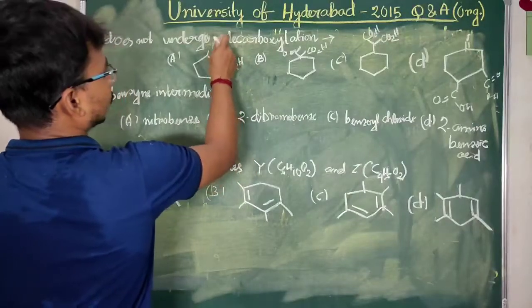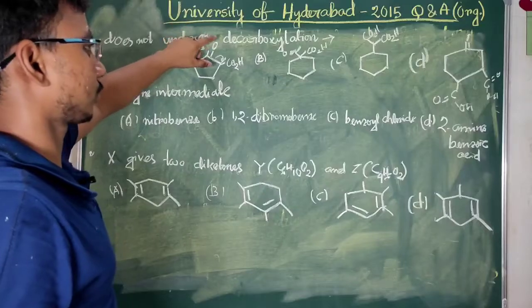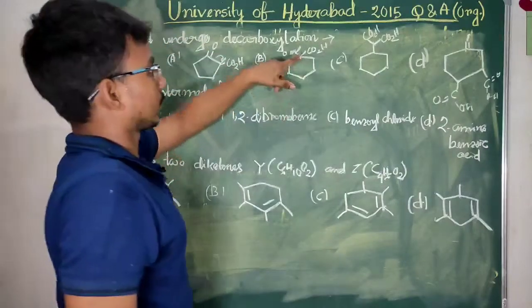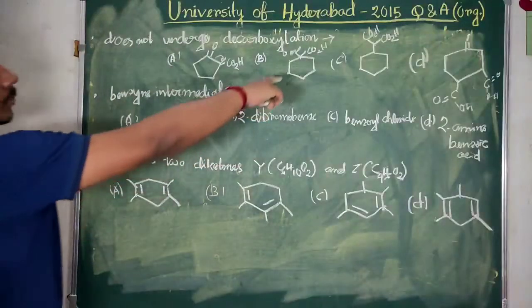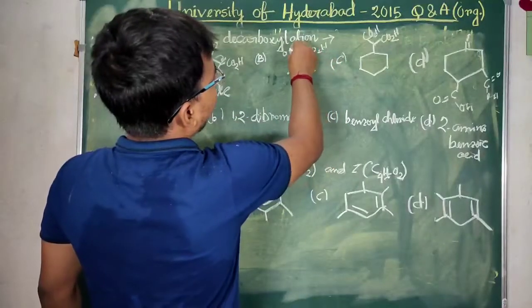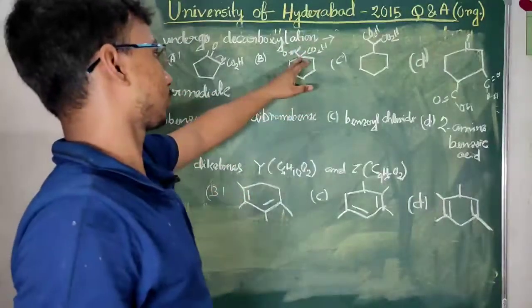Here the negative charge is delocalized because an adjacent carbonyl group is present, and here also after decarboxylation a carbonyl group is present, so conjugation occurs.